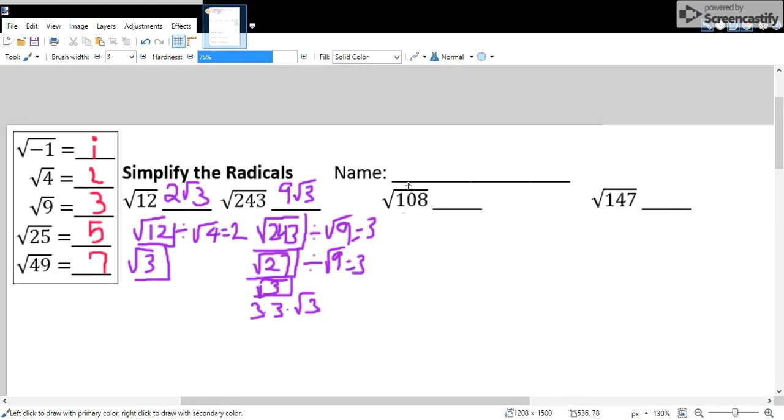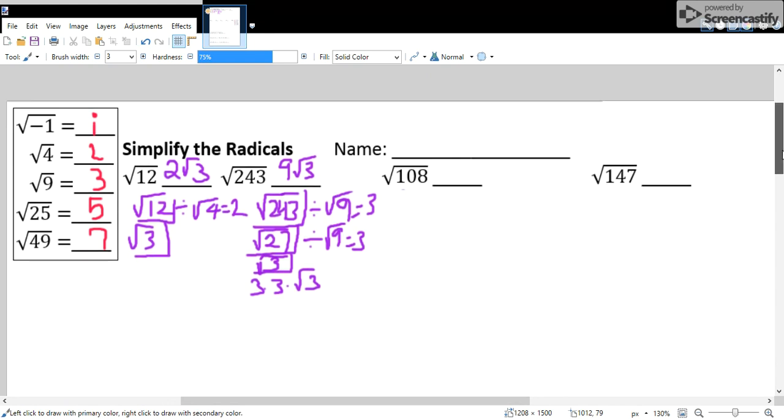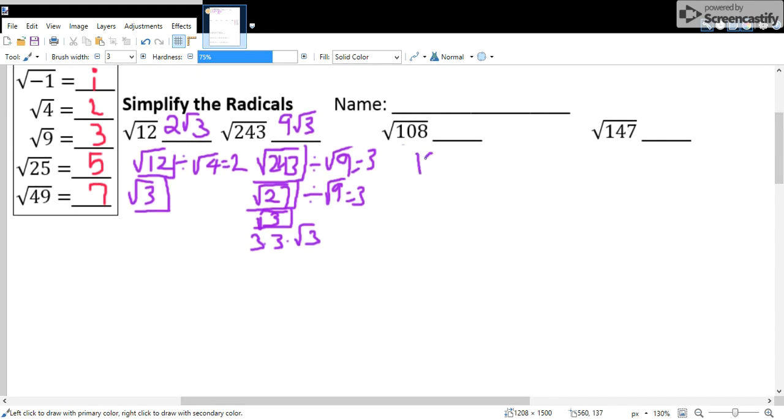Okay, let's look at the square root of 108. So first, let's try to divide by 4 because there's no negative. So 108 divided by 4 is equal to 27.